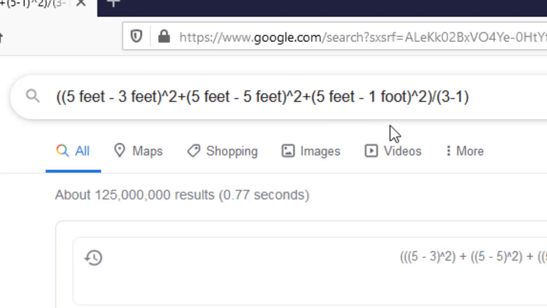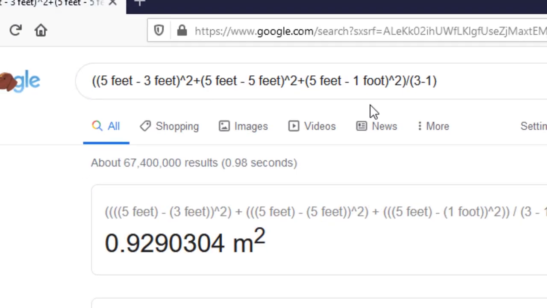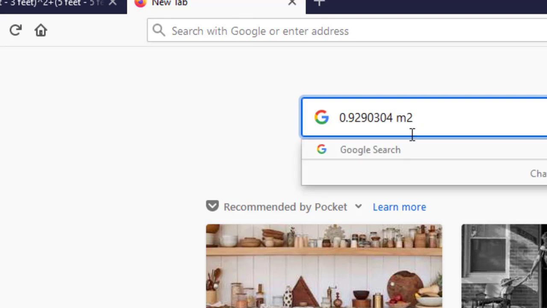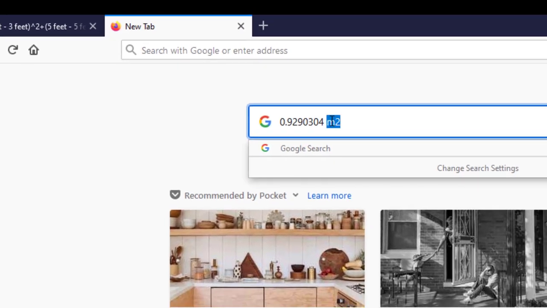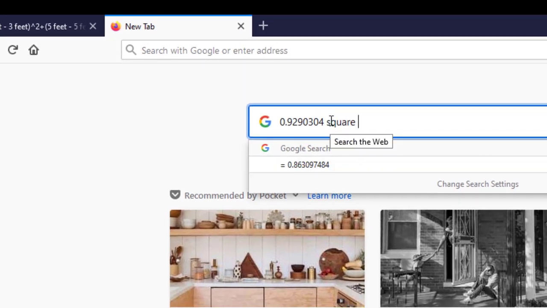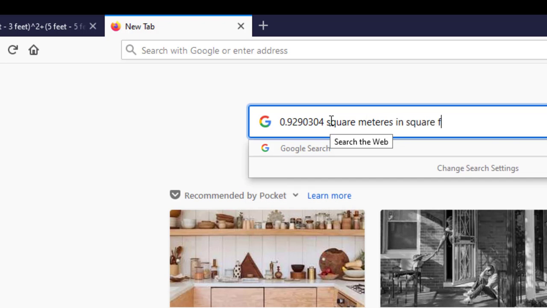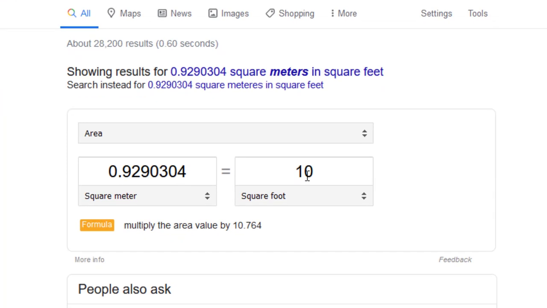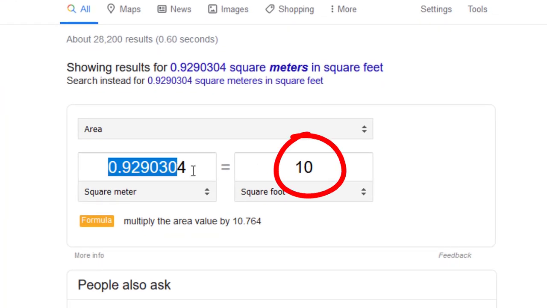Okay, ready? If you remember, this should be 10 square feet. It's given you the answer in square meters. So if I copy that and I go to Google and ask what that many square meters is in square feet, it's going to tell me 10. Because 0.9 square meters is equal to 10 square feet.